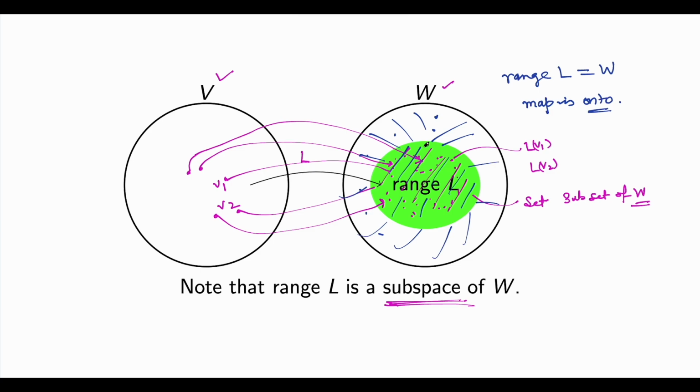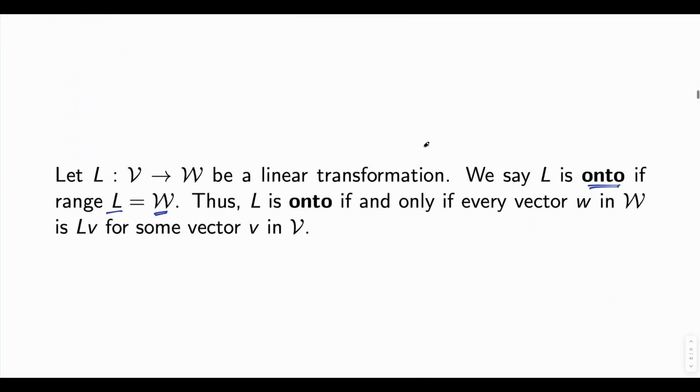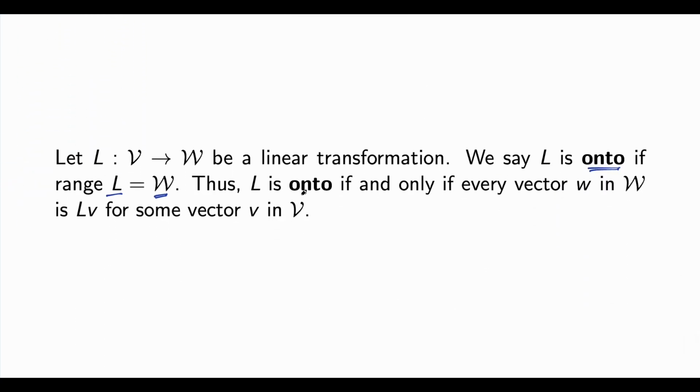So all members should be there. So L is onto if and only if, this is a very important result, every vector small w in W is L of V for some V in V.